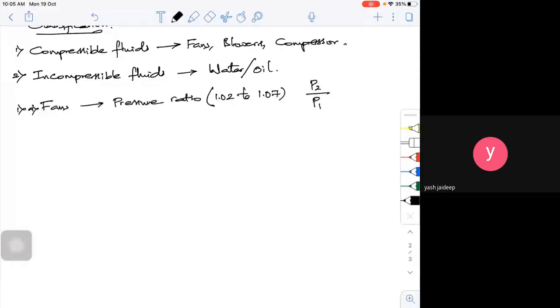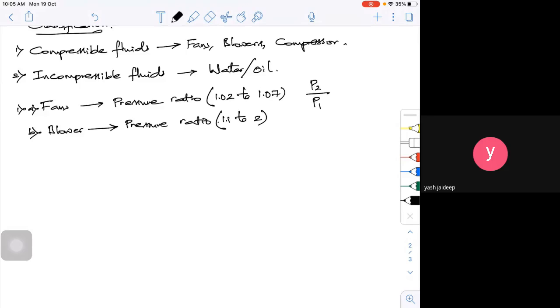Now 1B, the next one is the blower. If my pressure ratio is slightly higher than the fan, around 1.1 to roughly 2, then I call that a blower. Here in the blower, I'm trying to handle a slightly larger quantity of the fluid at a slightly higher pressure.